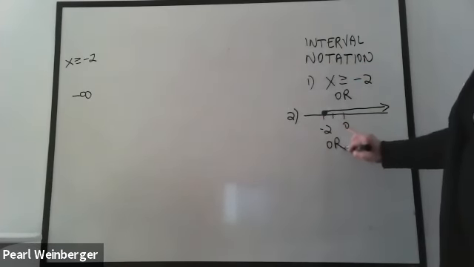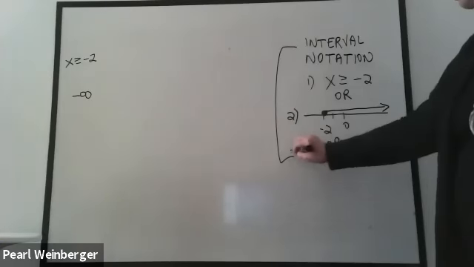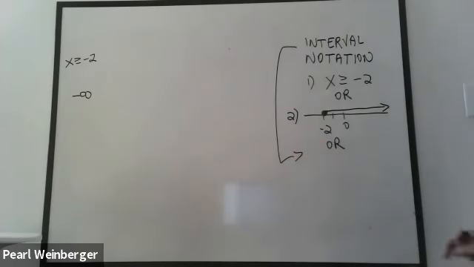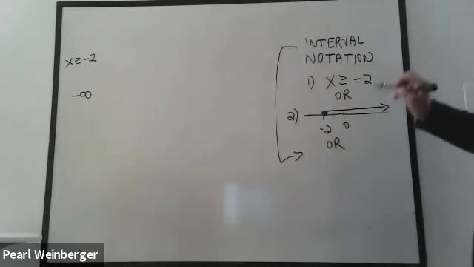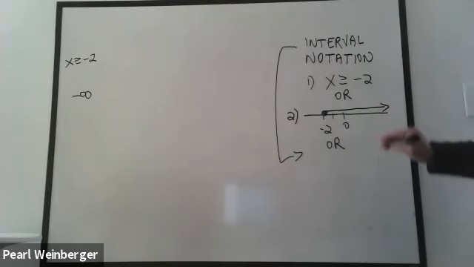The third way is what we call interval notation. The problem with putting things on the number line is, first of all, if you're trying to type it, it's hard to type this type of thing because you have to have a graph where you can put it on. So there is another way that really mimics the number line, and that's called interval notation.